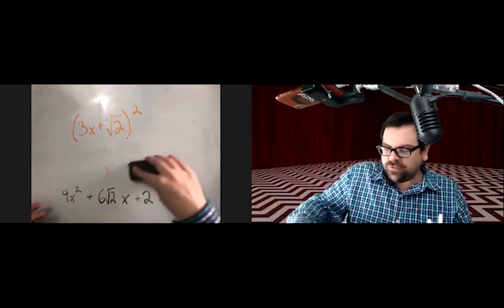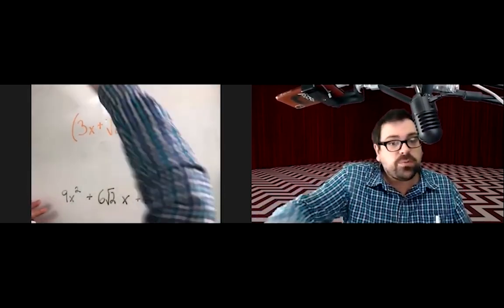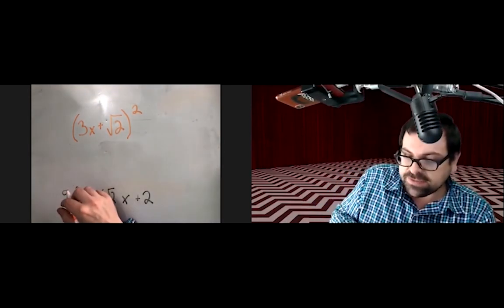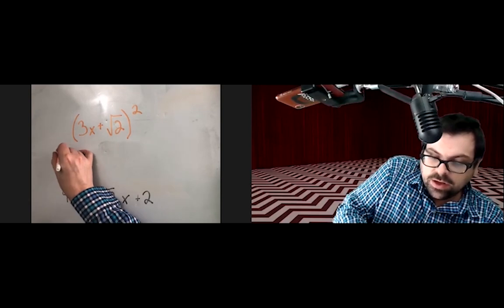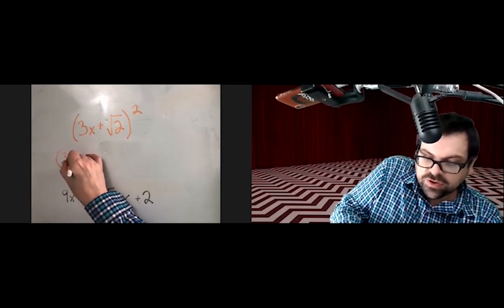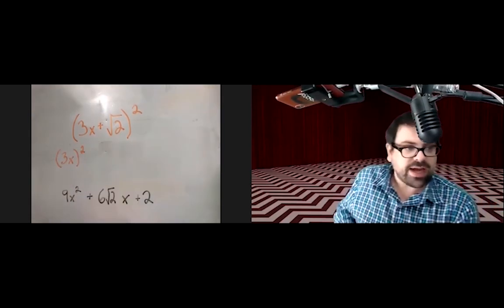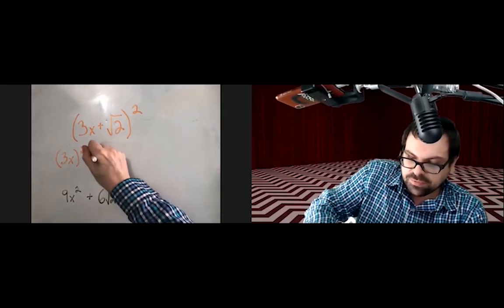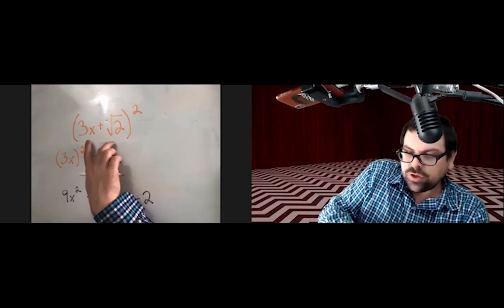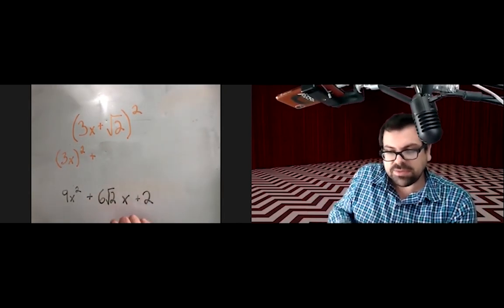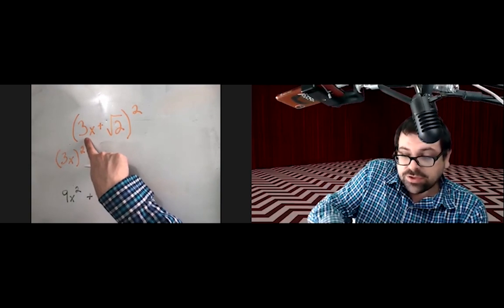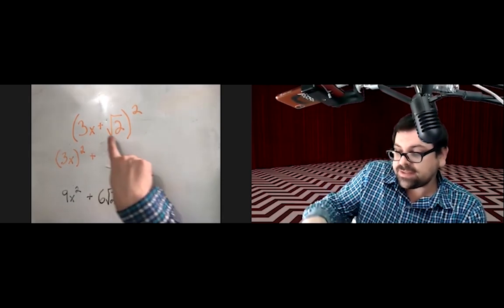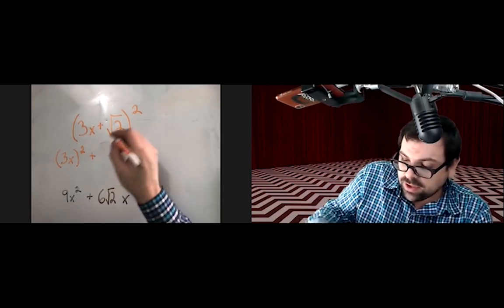And we didn't have to FOIL. Remember that when we have a binomial squared, we have a special formula. Square the first thing, so square the 3x, plus in the binomial, so plus here, 2 times the two things multiplied together. 2 times 3x would be 6x times radical 2.